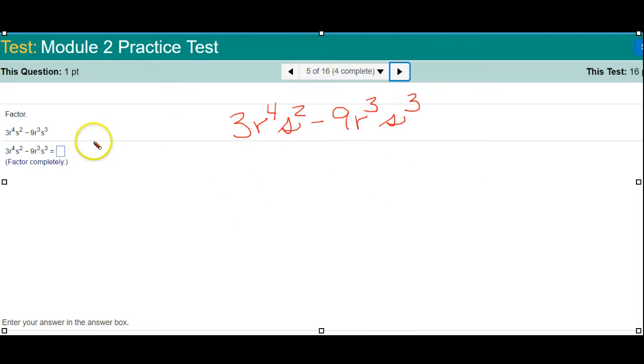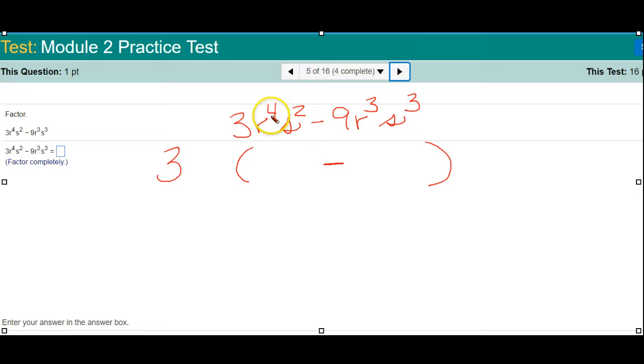Now for this one, they want you to factor it, and you have the number part. And remember, you're going to put a parenthesis. And what's the greatest number factor you can take out of each term? Well, you can see you take a 3 there. This is going to be a minus there.